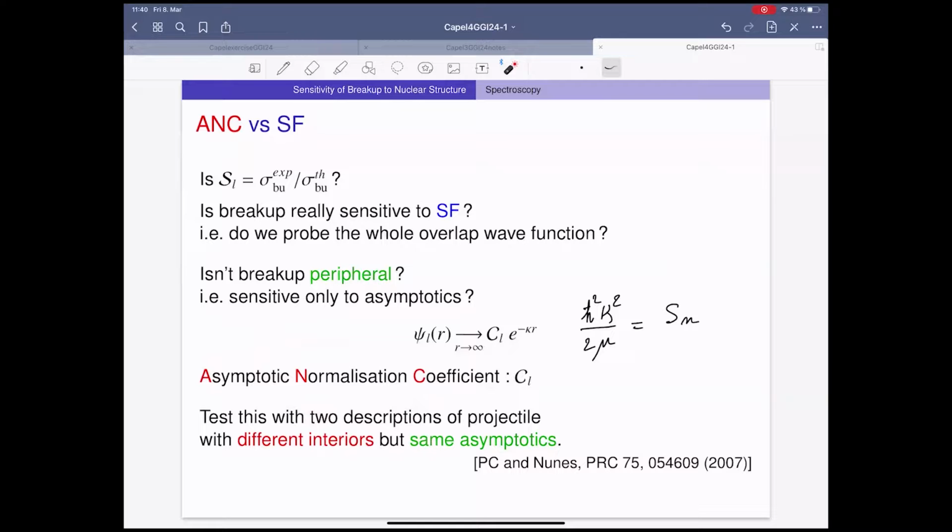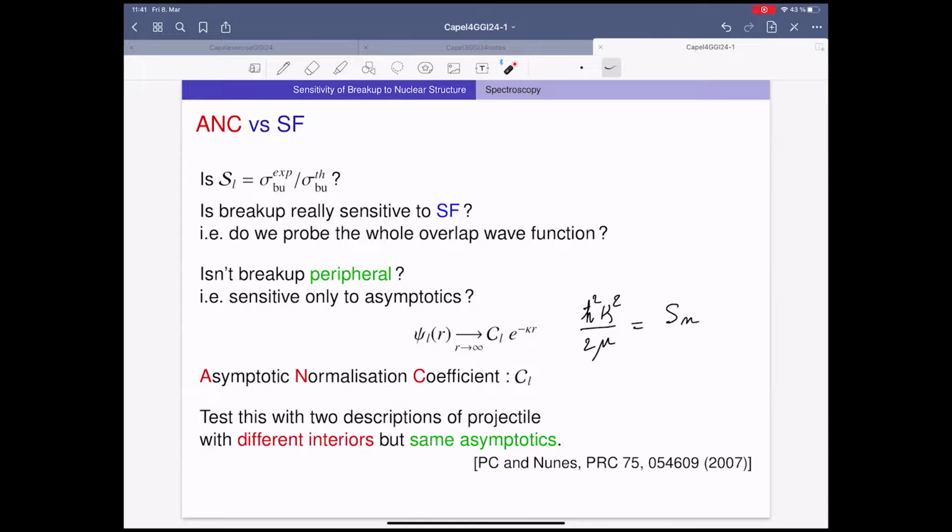So what you need is wave functions that are identical in the asymptotics and very different in the interior. That's the best way. You perform two calculations, and if there is a change, it means that you probe the short distances. If there is no change, that means that you are only sensitive to the tail.